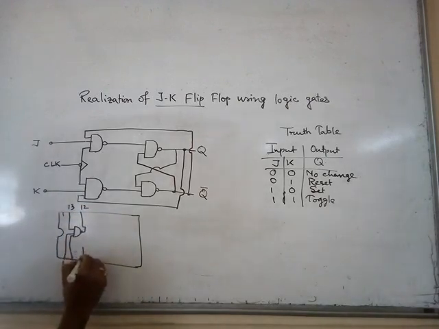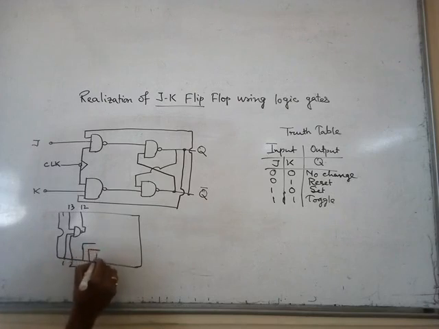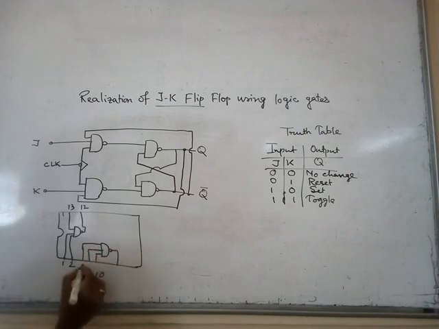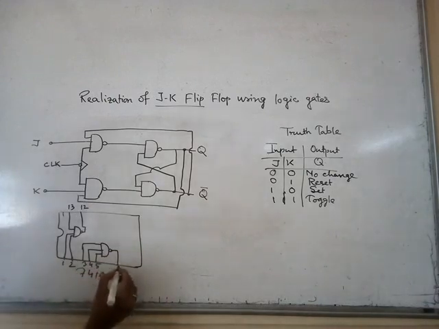For the next gate, 3, 4, 5 are the inputs and 6 is the output.